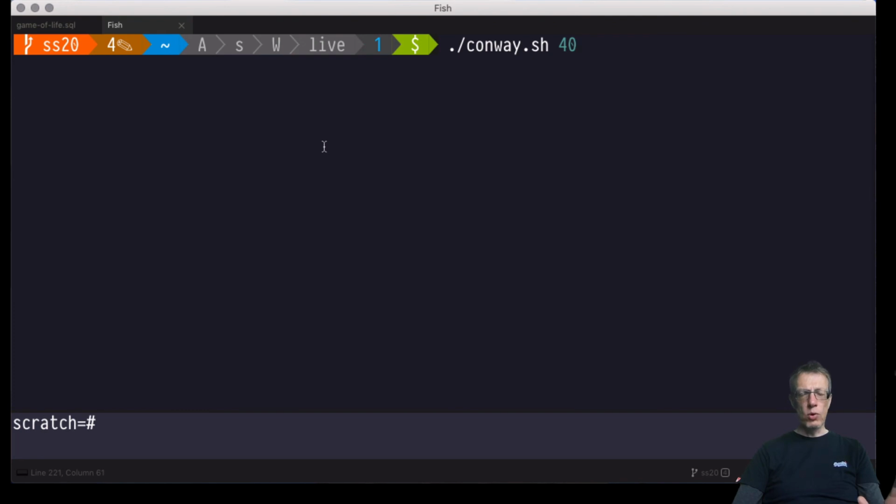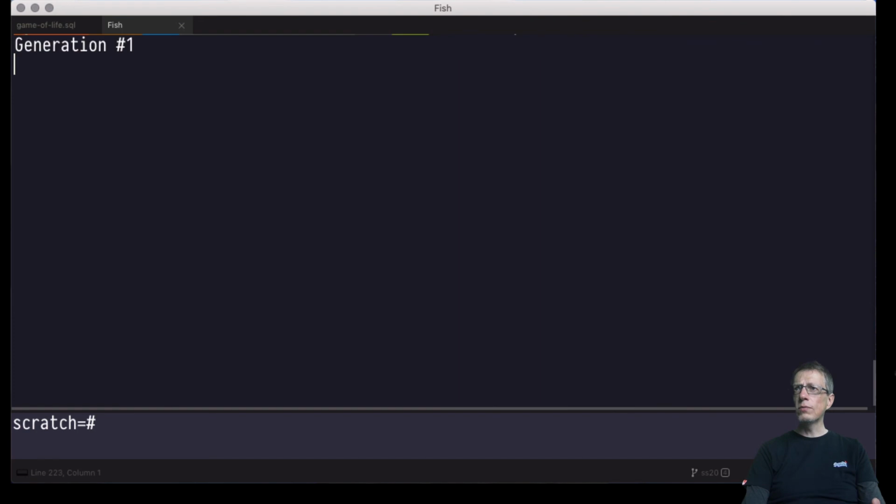Then it will re-invoke the SQL query with a generation n of 1 to show the next generation of the grid, n of 2, n 3, 4, 5, up to 40. So we should be able to see 41 generations of the grid that we have defined in our SQL code here. Right, so let's see whether we can see some interesting dynamic behavior here.